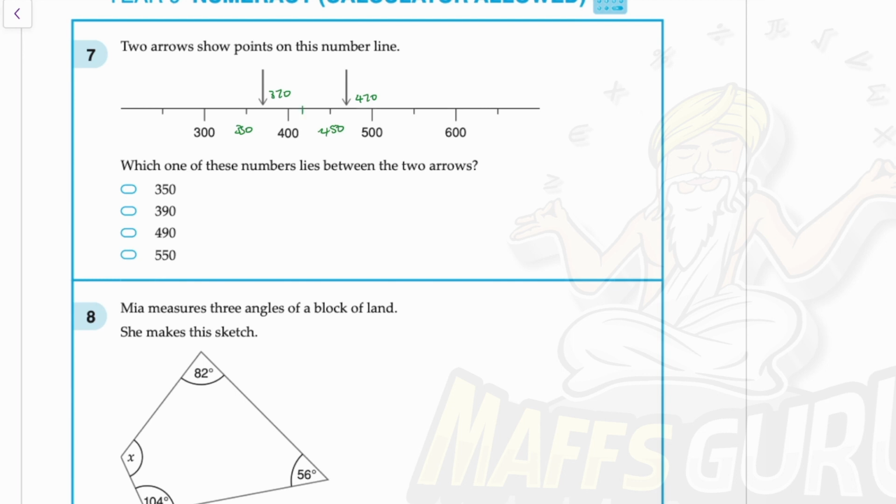Well, actually, no, that's not quite what it's asking. I thought it wanted halfway between, but it didn't. It just wants to know which one of these numbers falls between. So it was a lot simpler than before. It can't be 350. It can't be 490 because that's close to 500. So it's 390. I wonder how many people got tricked on this one.